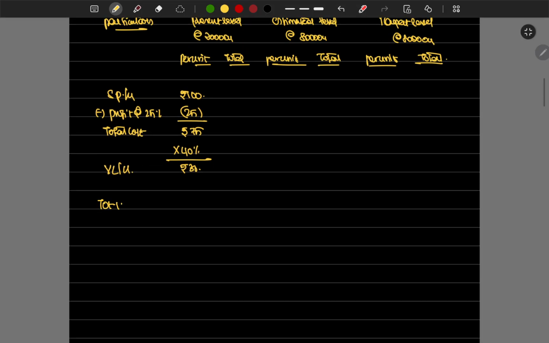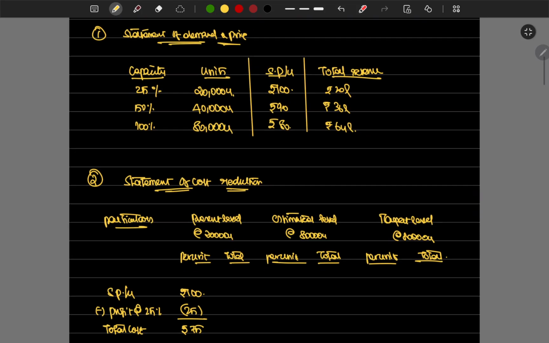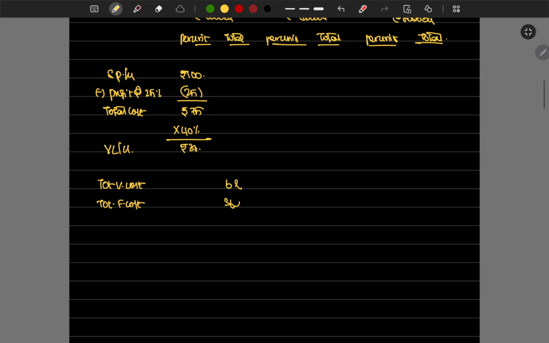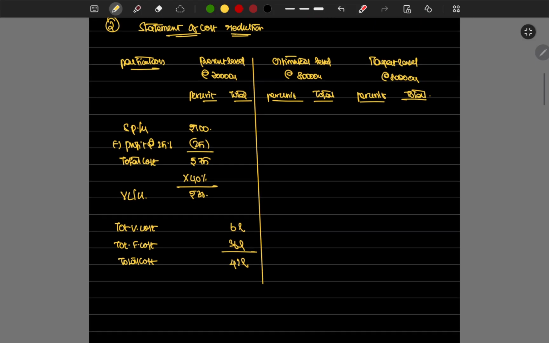Now total variable cost is 6 lakhs. Then total fixed cost, how much is given in the question? 36 lakh. What's the total cost? It is 42 lakhs at the present level of 20,000 units.